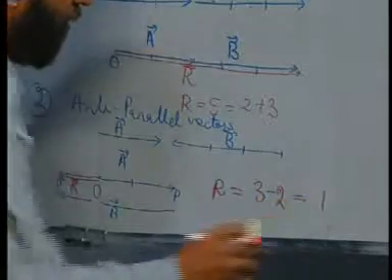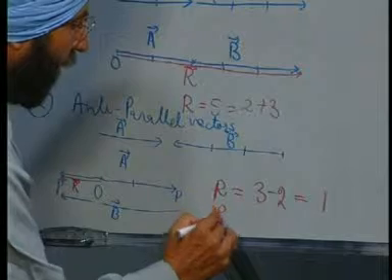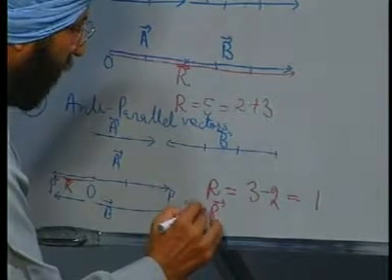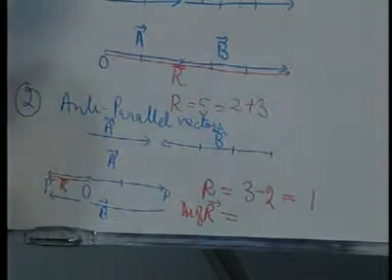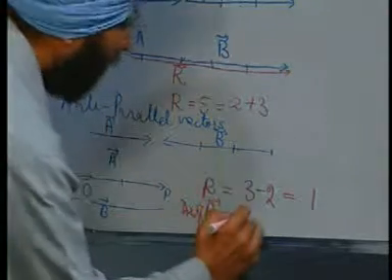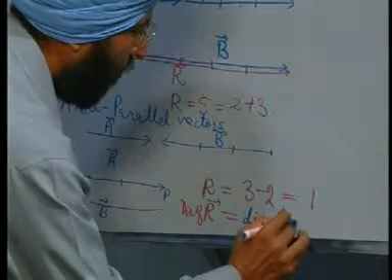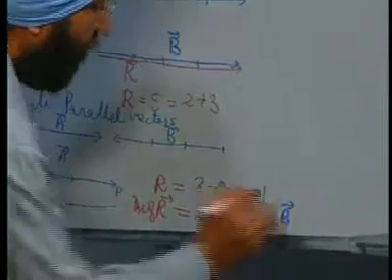So, this is equal to 1, and direction of R is equal to direction of B. Why B, not A?